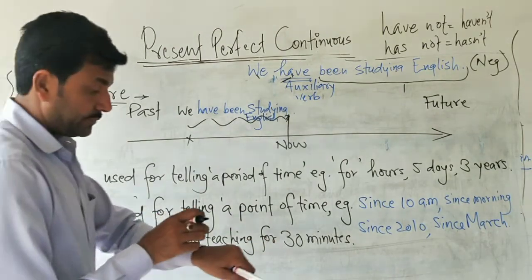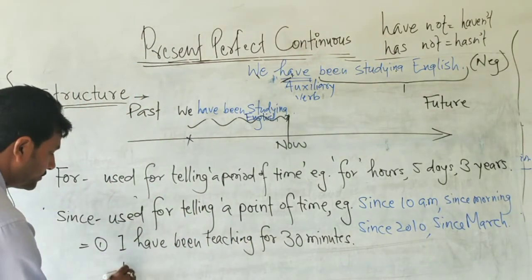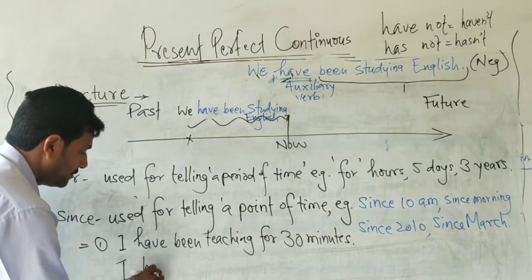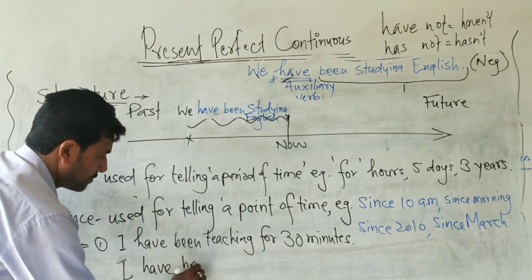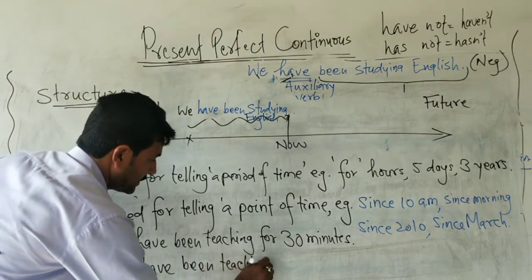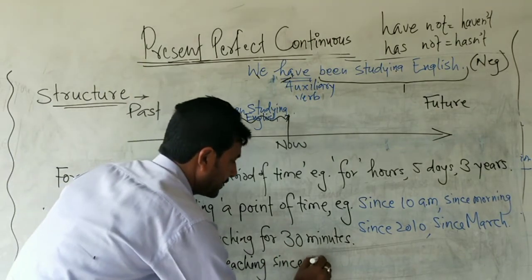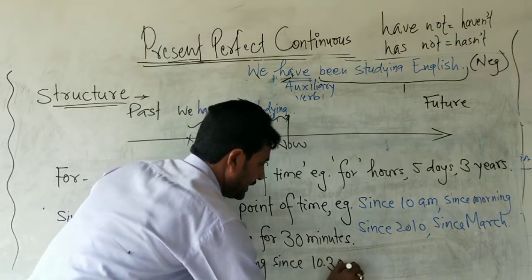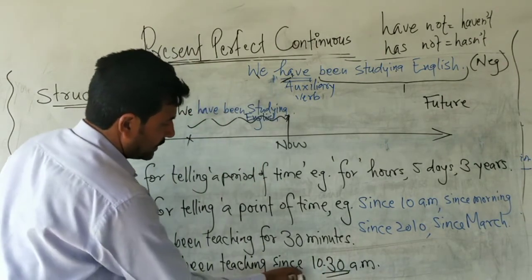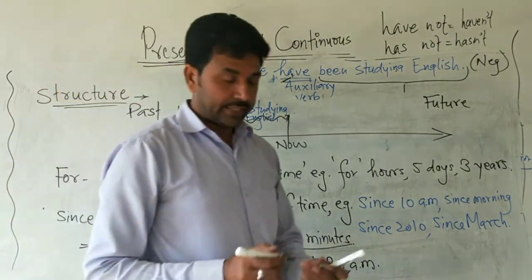For example, if this time is 11 a.m., we can write another sentence with the same meaning. I have been teaching since 10:30 a.m. When this is a point of time, we write since. Period of time, for. Okay.